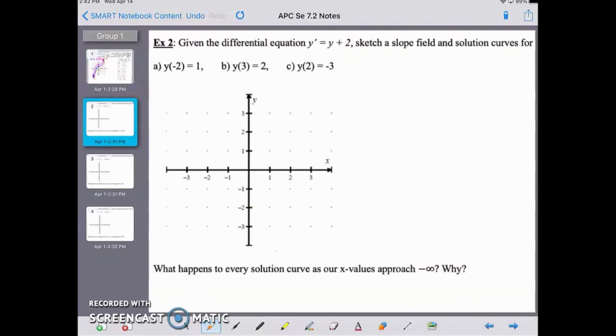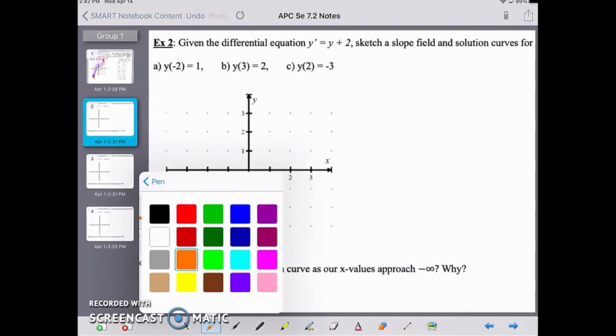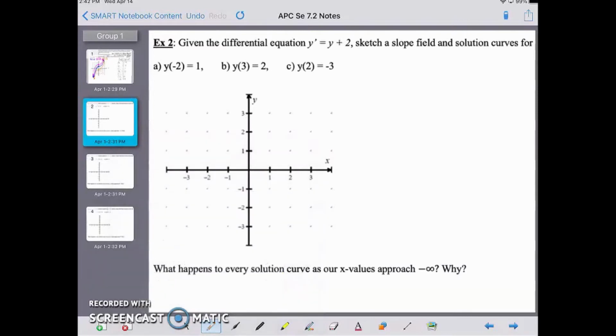This time we are given the differential equation y prime is equal to y plus 2, and we're doing the exact same work that we did in the previous problem. Now for this one, this time note that our slopes are going to depend only on the y values of our ordered pair.